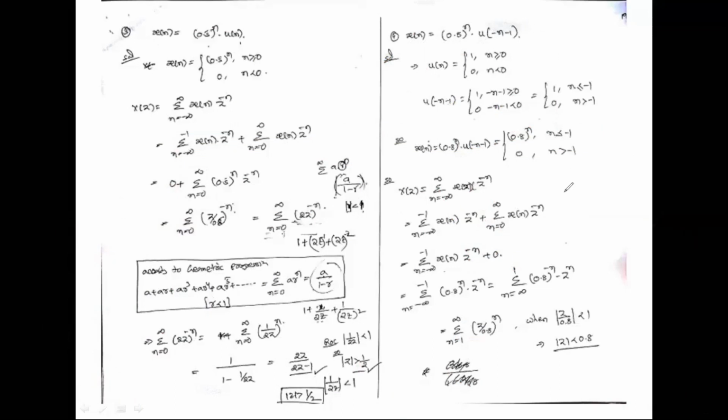u[n] is right-sided. (0.5)^n u[n] is right-sided. Now u[-n-1]: actually, u[-n] is left-sided.